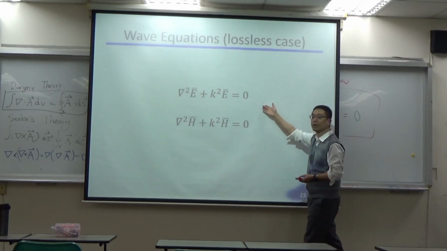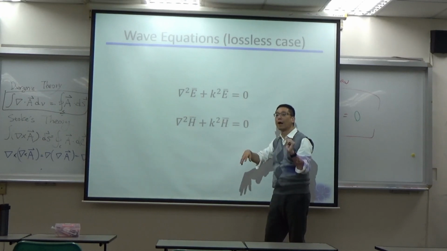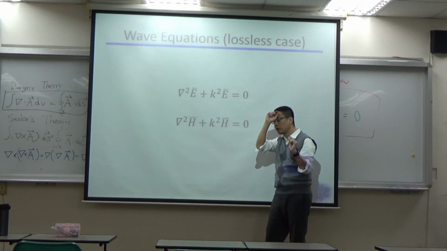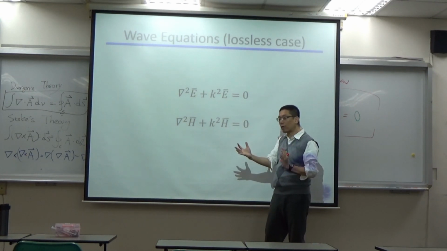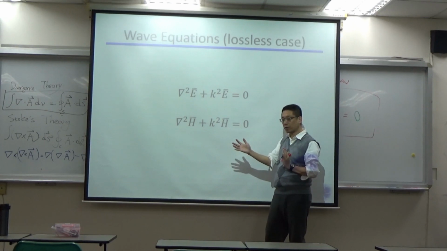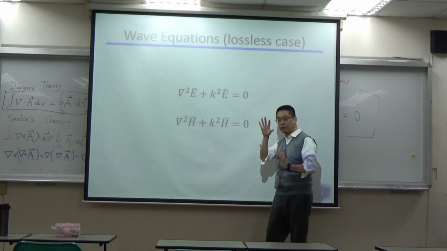I change this one to only z. I don't care about x and y because I want to make the question easier. My wave can only change according to z direction, but the vector of my E field is going to x direction. There are different things.